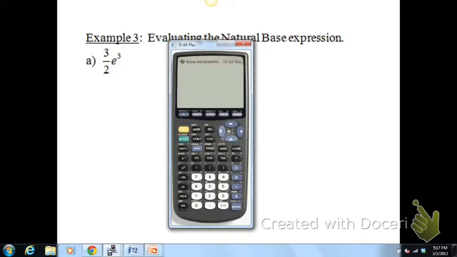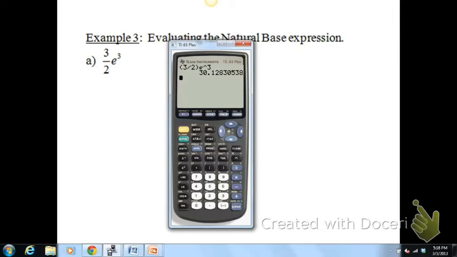So I'm going to put 3 halves, 3 divided by 2, and then it's times, and now there is an E button on your calculator, and you have to hit the second and division button, and that brings up E, and then you can use the caret sign to raise it to any exponent you want, and if you hit enter, you'll get your approximate value.